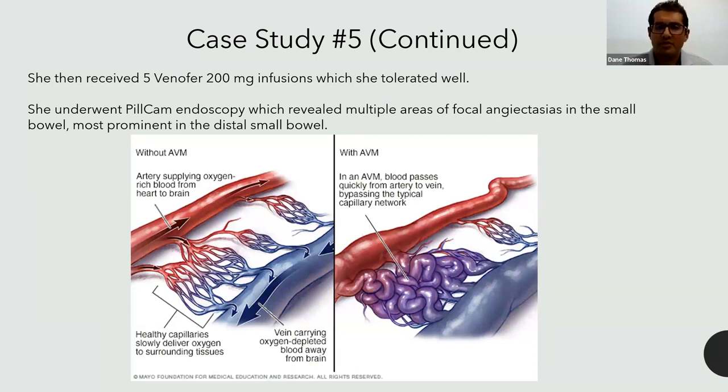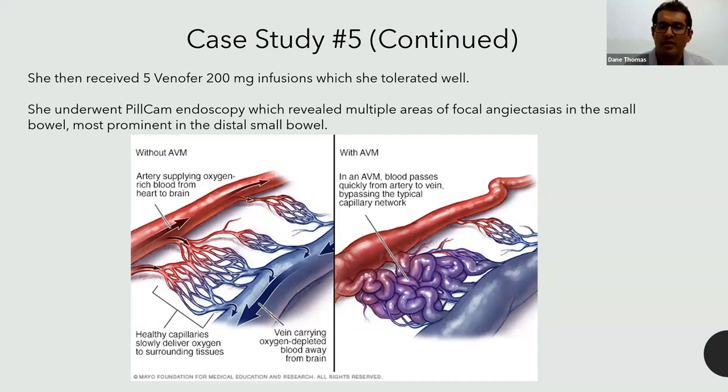Occasionally, we encounter patients with chronic AVMs of the small bowel, especially patients that are above 60 years of age. As part of our workup to rule out the cause of iron deficiency, we recommend for these patients to also undergo a pill endoscopy if their EGD and colonoscopy are negative, to rule this out.